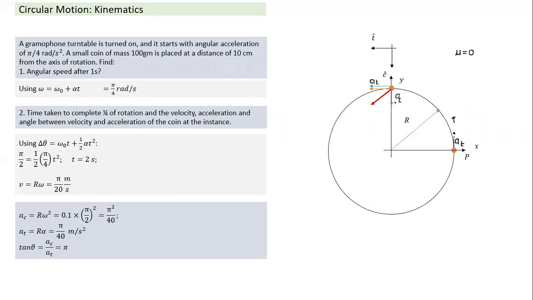Now when we come here, which direction is the friction acting? What is the friction force? How does friction always act? Friction tends to make the accelerations in the plane of contact equal. So the gramophone surface and the coin both have the same acceleration, which is the resultant acceleration, the square root of AC square plus AT square.